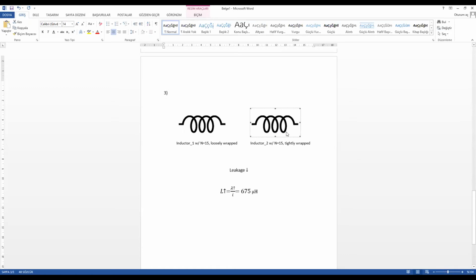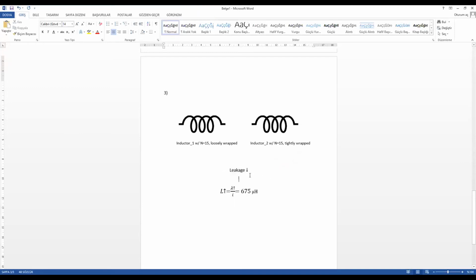Therefore, if we wrap the cable more tightly to the core, the produced flux will also be condensed in the core and will have less loss in terms of leakage loss. Then the leakage flux will be decreased, as you can see, and flux linkage will be increased.